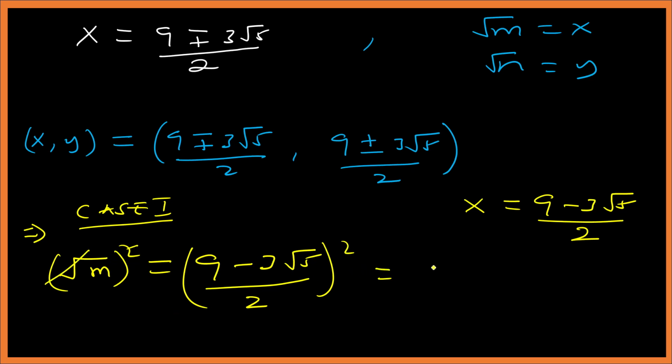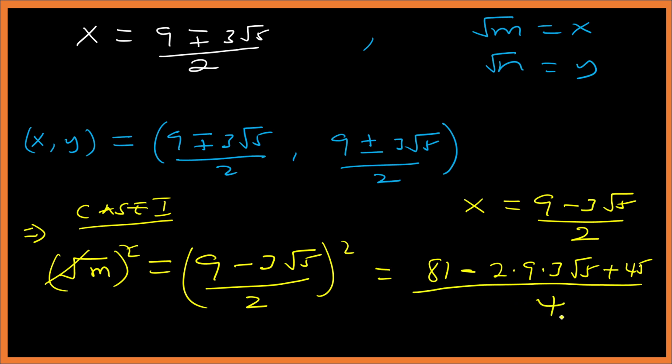This side will be 9 squared, 81, minus 2 times 9 times 3 root 5, plus this one squared, that will be 45 on 2 squared, 4.